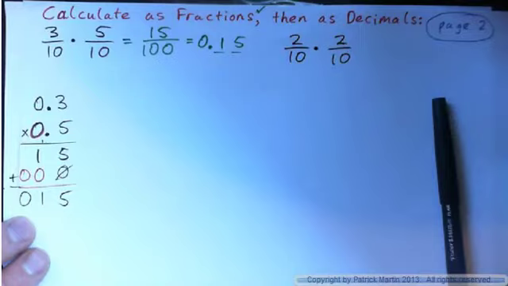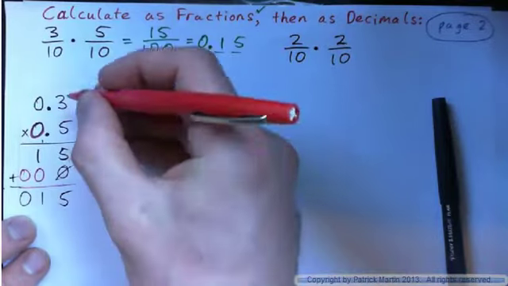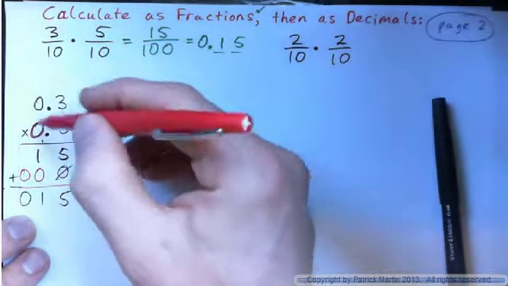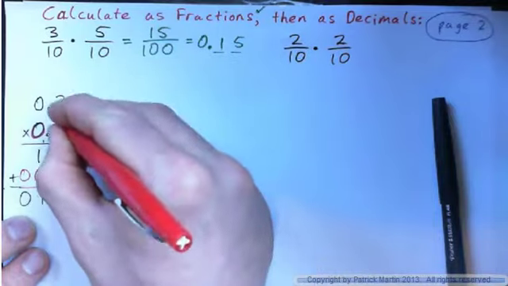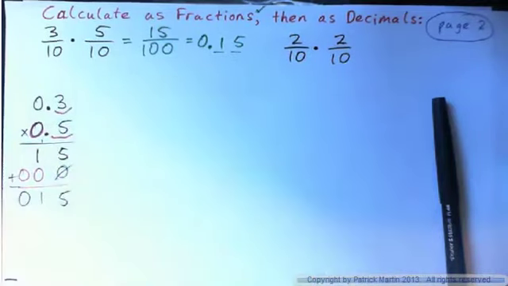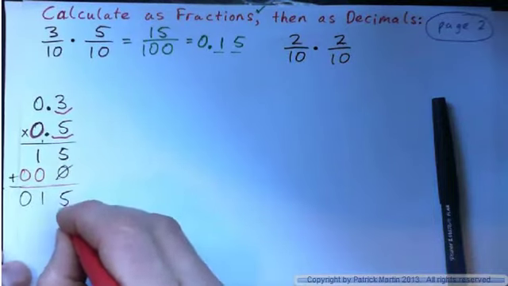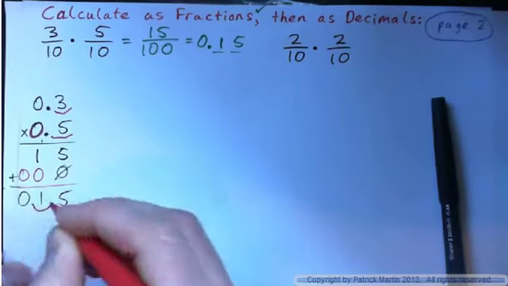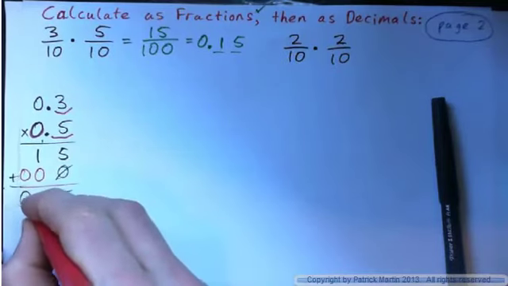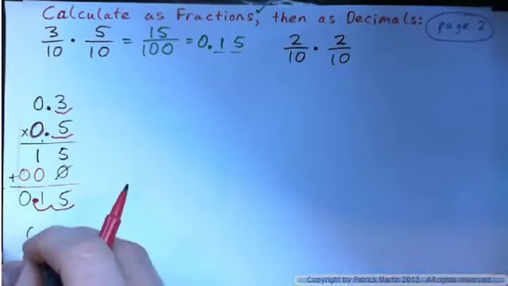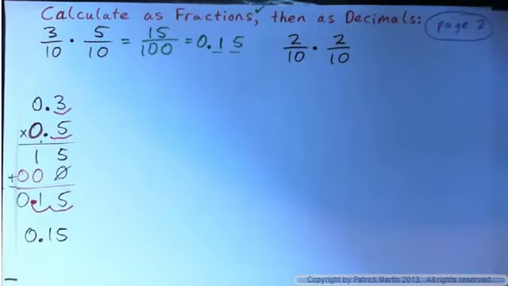And what we do now is we see, well, there are 1, 2 decimal places in the problem. So there's going to be 2 in the answer, right? And so in your answer you go 1, 2. And you put a decimal point there, and there you go. There's your answer, 0.15, right?